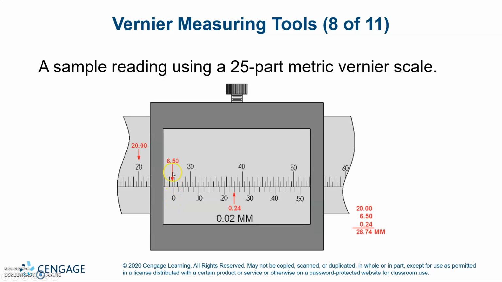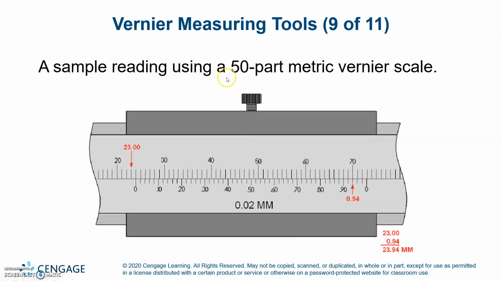Each one of these lines is 0.5, so 1, 2, 3, 4, 5, 6, 6.5. So it shows you that. It lines up with the 0.24. So your total measurement would be 26.74 millimeters.